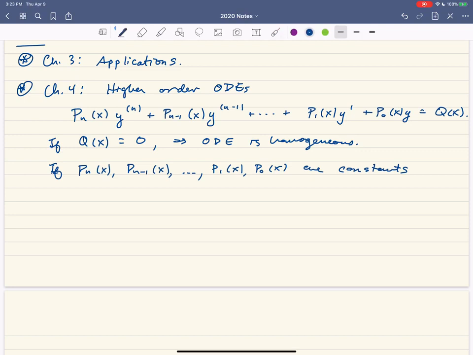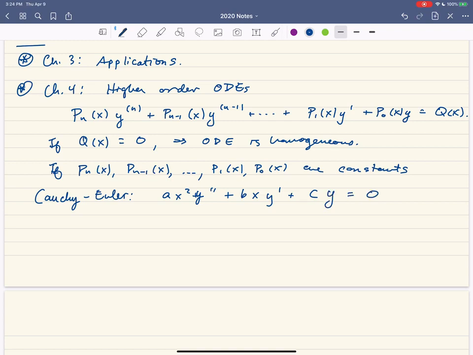There's a few other things that we talked about where everything from here on out is not going to have constant coefficients. Otherwise, we could just do our old methods. So, for example, Cauchy-Euler. This was another chapter 4 topic, but Cauchy-Euler equations are ones where you have ax squared y double prime plus bxy prime plus c times y equals 0.